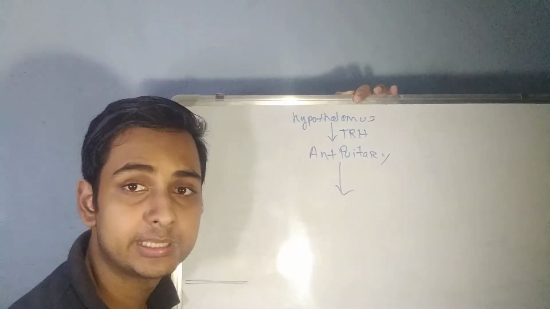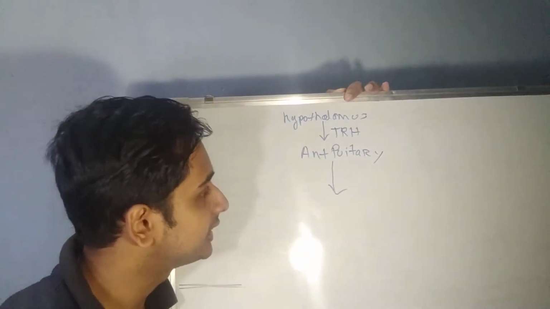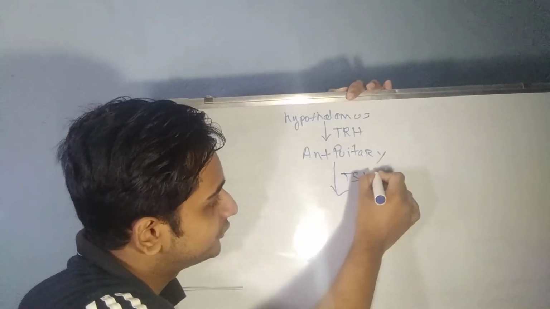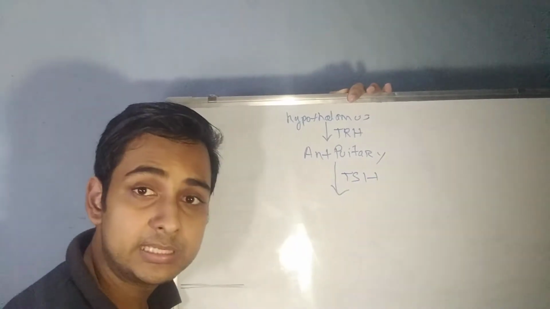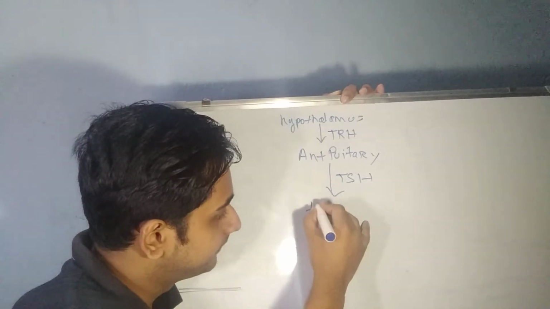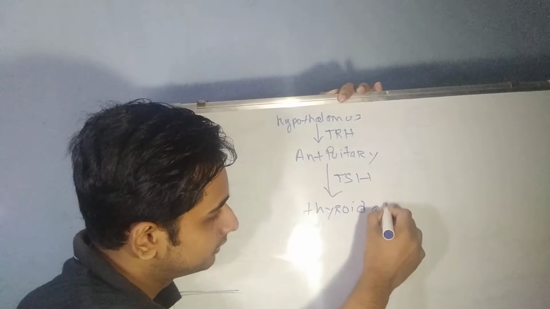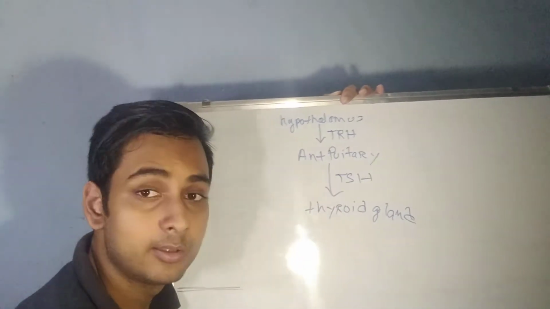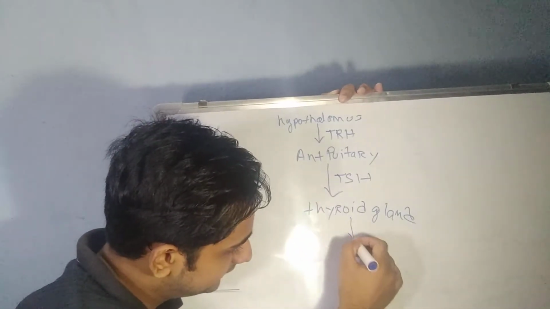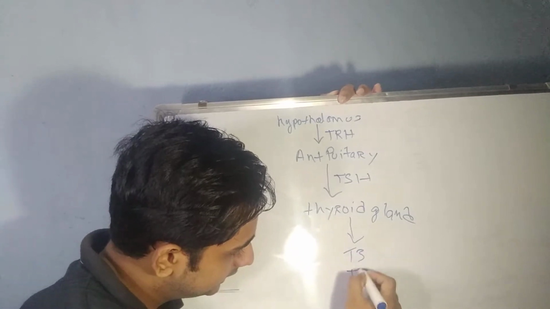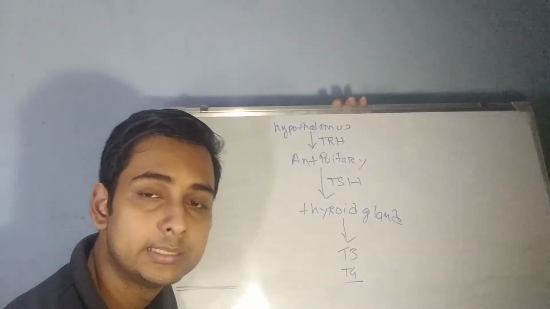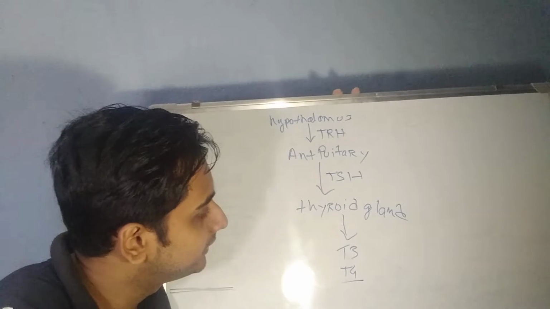From anterior pituitary, it will release another hormone that is known as TSH. Now this TSH will act in thyroid gland. From this thyroid gland, we are going to release T3, T4. Okay, these are the two hormones that have been released from thyroid.